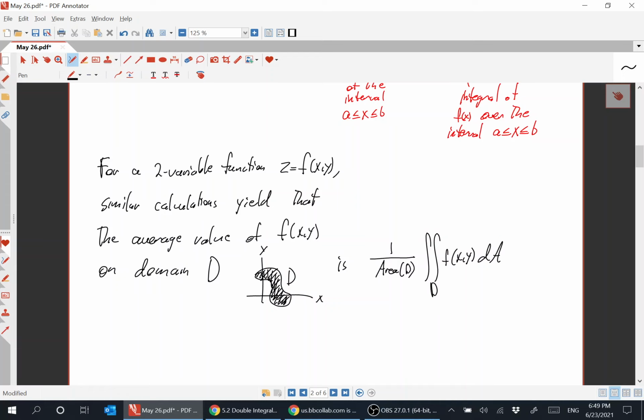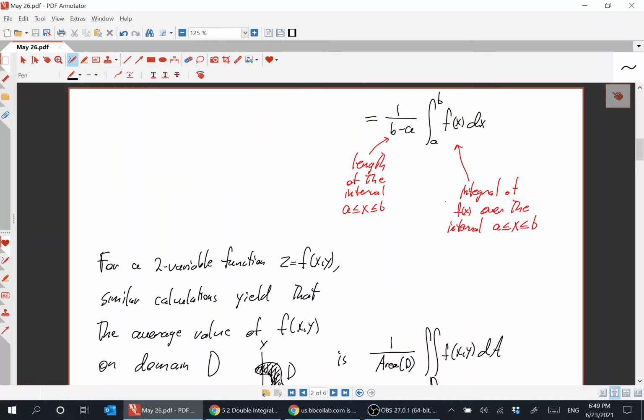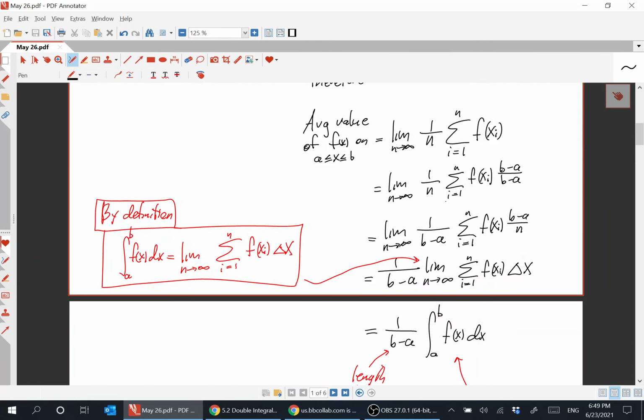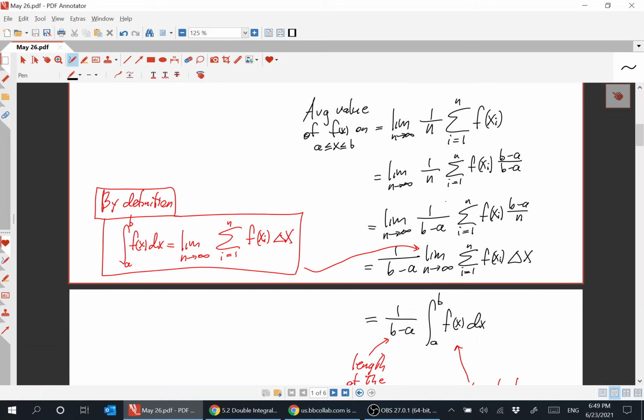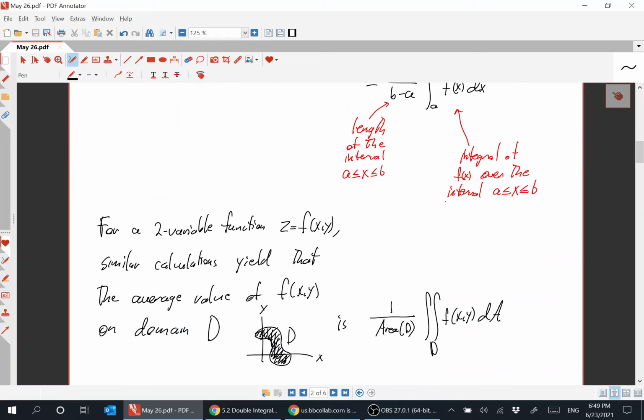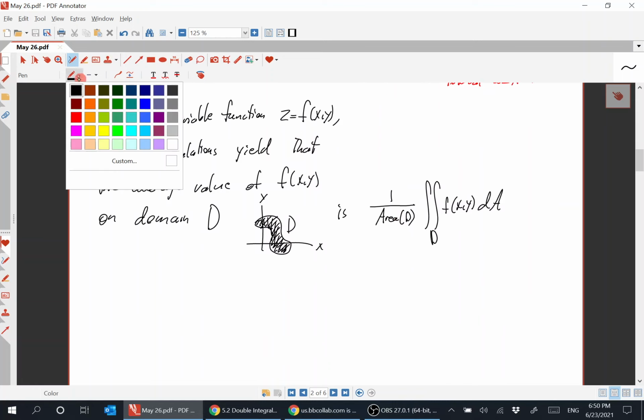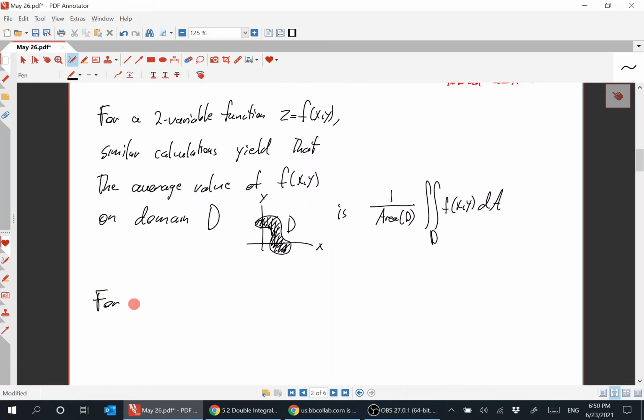It's the same idea. I could go through those calculations. It's just a little messier, explaining the whole thing, but it goes basically like that. And then when we get to triple integrals, it's the average value of a three-variable function over some three-dimensional domain, and it's 1 over the volume of D times the triple integral. We'll see that if you watch the video for section 5.4.